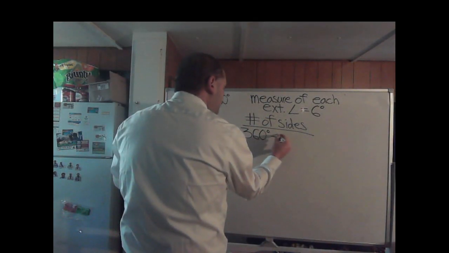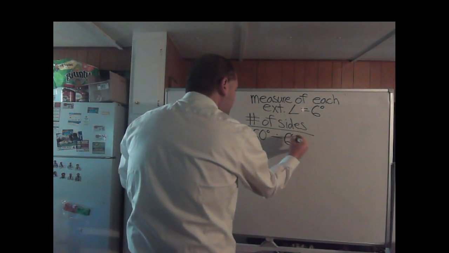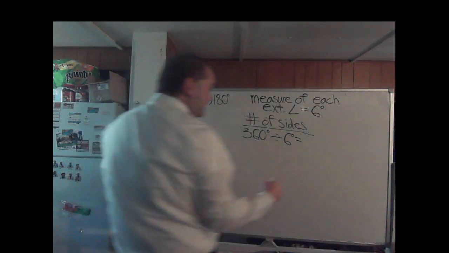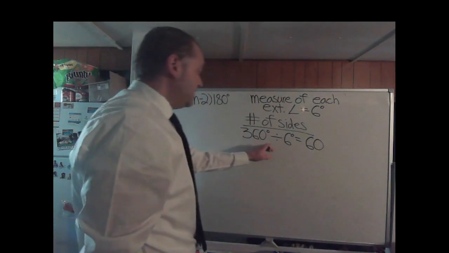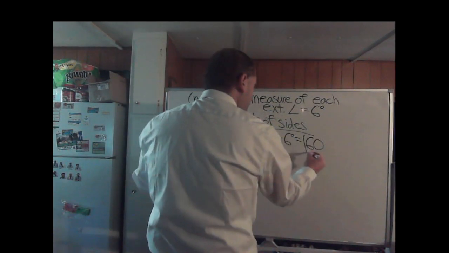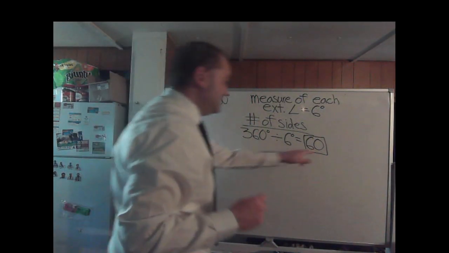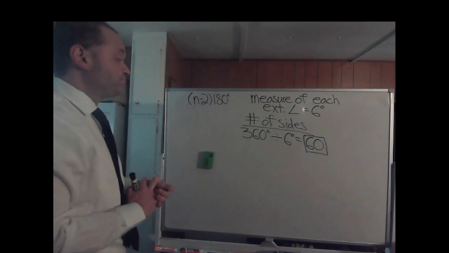You're going to divide that by the measure of each exterior angle, which is 6 degrees, which should simply give you 60 because the degrees will cancel out. Since you're dividing both units, the degrees will cancel out. So this is a 60-gon. You have 60 sides. So that's a big figure.